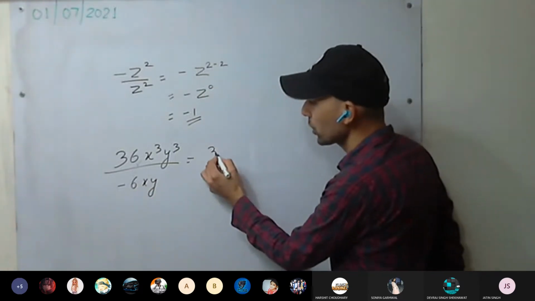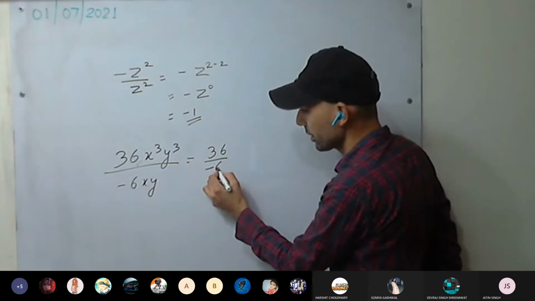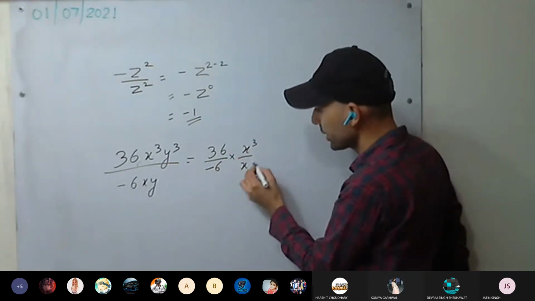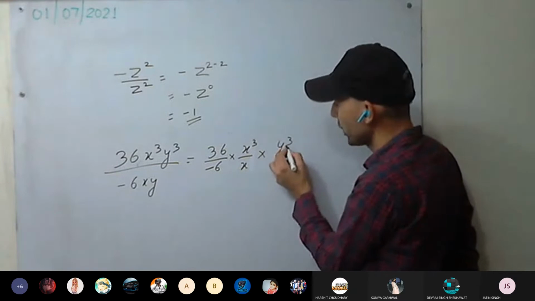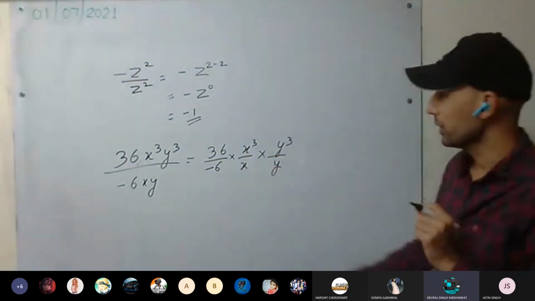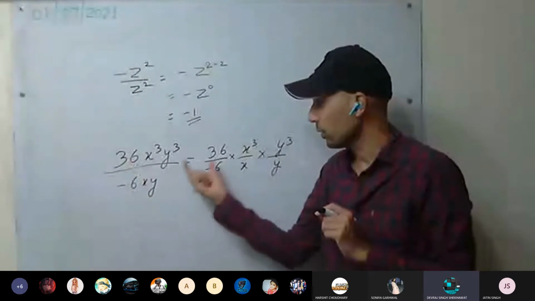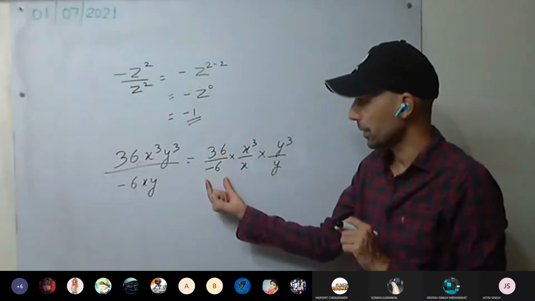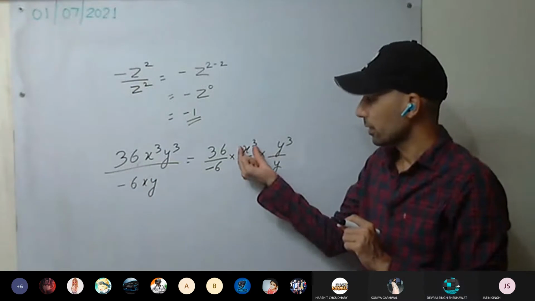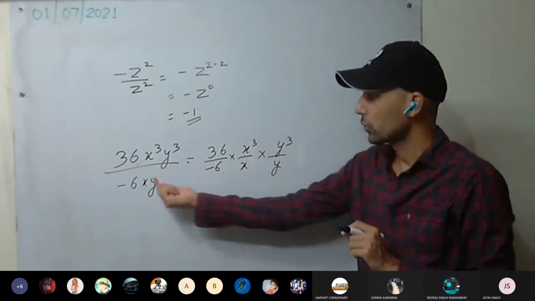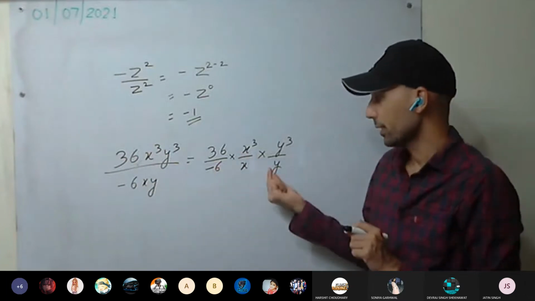The constants are there, next is x cube upon x and y cube upon y. Have you understood? The constants 36 upon minus 6, or we can say the quotients of them, we have written separately. Then x cube upon x into y cube upon y. So we can express this division like this.